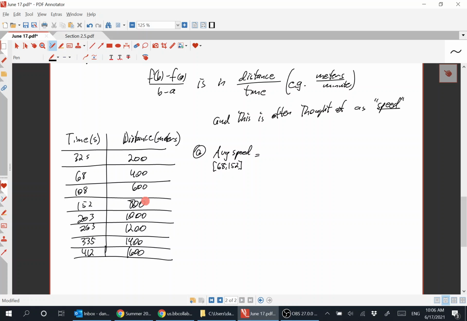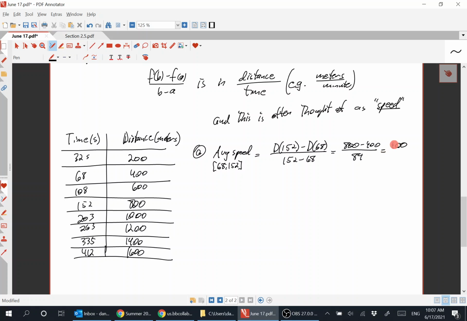So the distance traveled is 800 minus 400, the distance at 152 seconds minus the distance at 68 seconds, over 152 minus 68. So this is 800 minus 400 over 152 minus 68, which is 84 seconds.